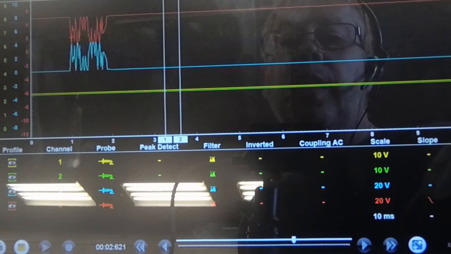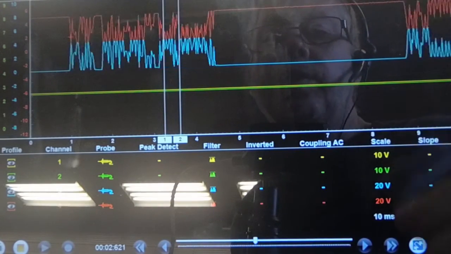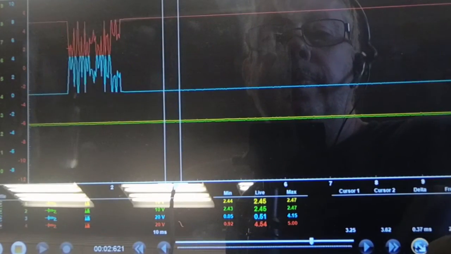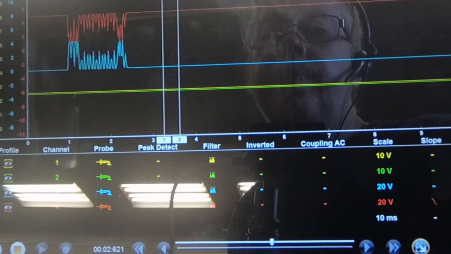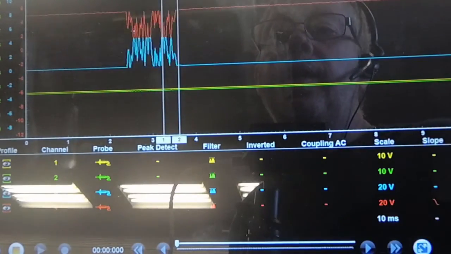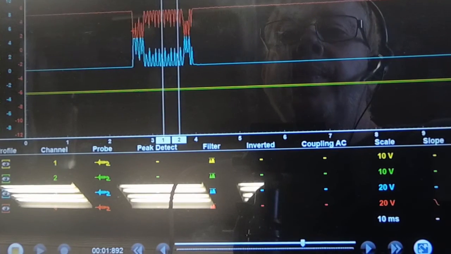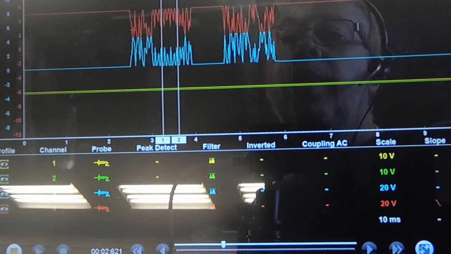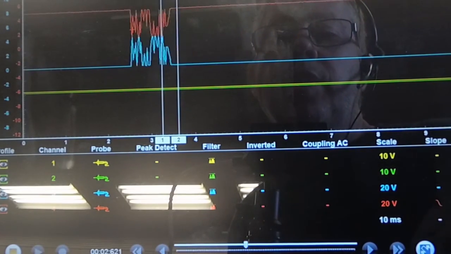I don't have the trigger set up. Where's the trigger slope here? Oh, there it is right there. The plus sign. Well, it still hasn't gone to sleep. Let's pause it.